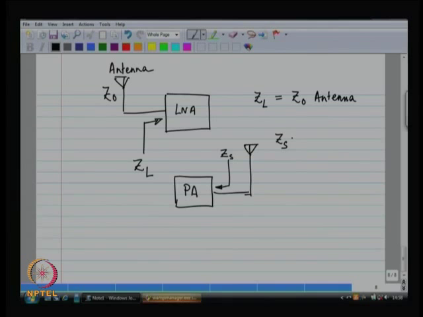So, that source resistance is what I am talking about, source impedance. You would like to design ZS to be equal to the antenna characteristic impedance. All right.